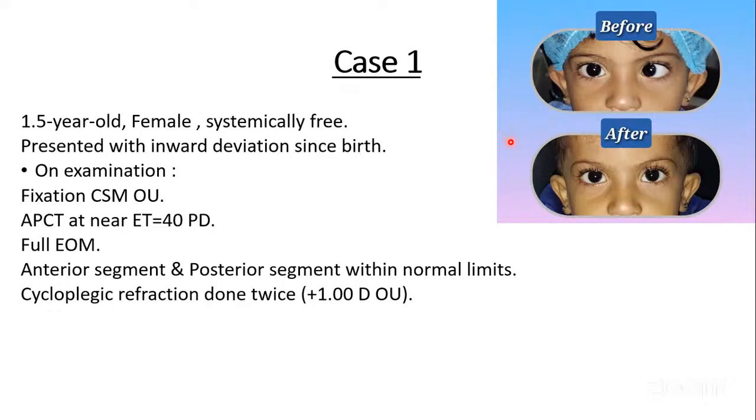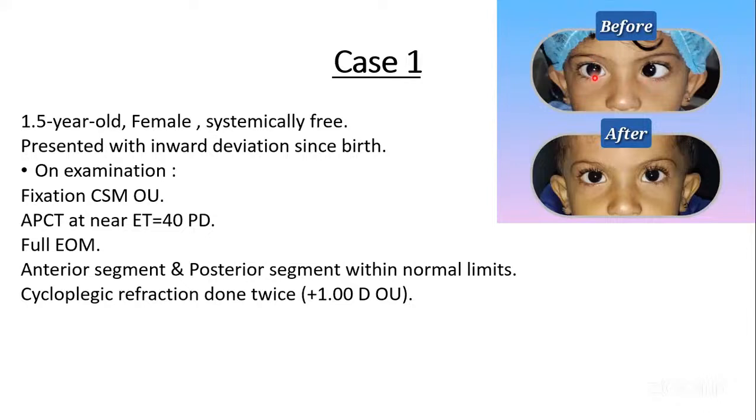Then I will do the opposite. I will occlude the right eye and check the fixation in the left eye. When I close the right eye, the patient will have central and steady fixation in the left eye.